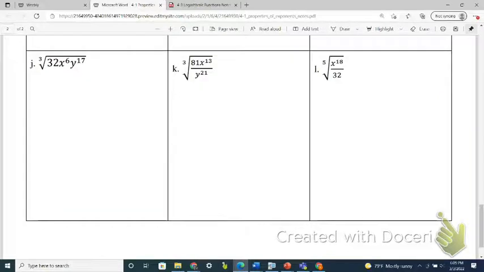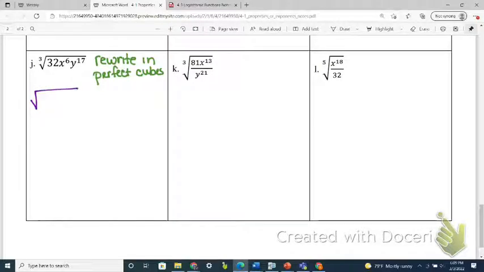So just like we did with perfect squares, for perfect cubes we are going to rewrite imperfect cubes. That means our exponents are going to be divisible by 3. So 32 is not a perfect cube. So I would find the biggest perfect cube number that divides into 32 evenly.